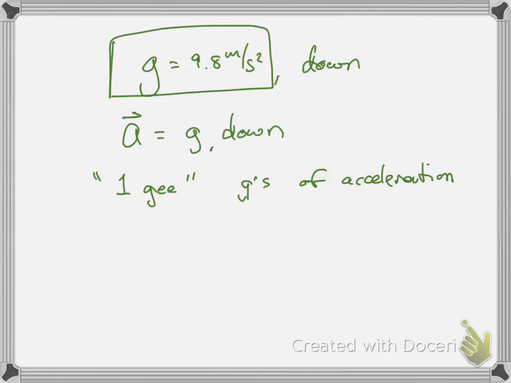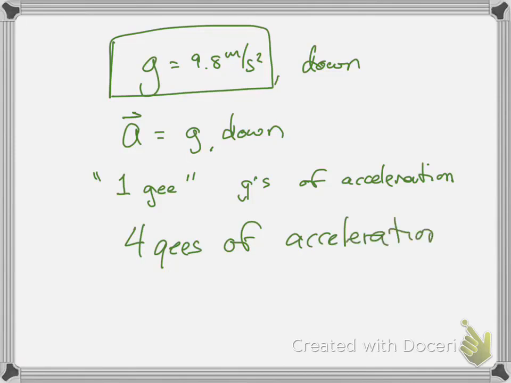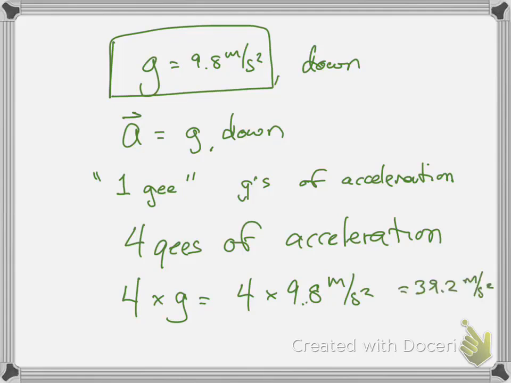So when we talk about a roller coaster having 4 g's of acceleration, all that means is that the acceleration is 4 times g. It's got a magnitude of 4 times 9.8 meters per second squared of acceleration, right? It just means 4 times 9.8, which is 39.2 meters per second squared.